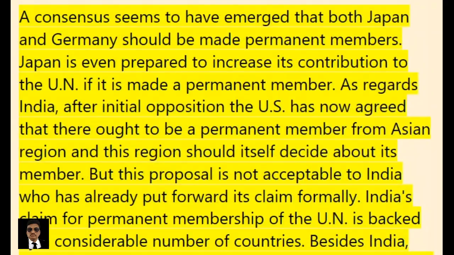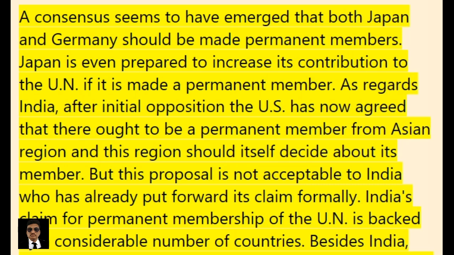A consensus seems to have emerged that both Japan and Germany should be made permanent members. Japan is even prepared to increase its contribution to the UN if it is made a permanent member. As regards India, after initial opposition, the US has now agreed that there ought to be a permanent member from Asian region, and this region should itself decide about its member.